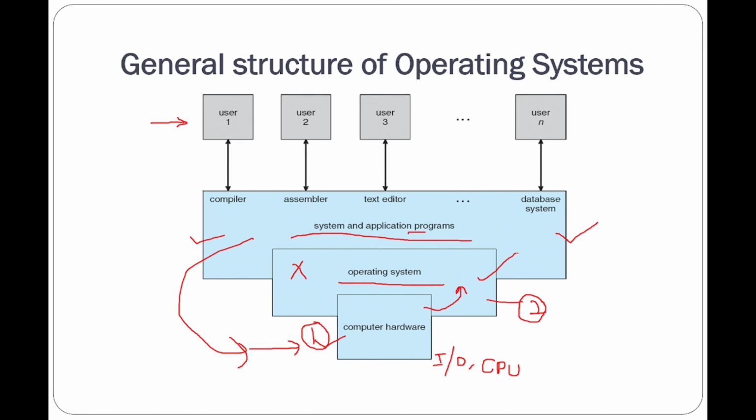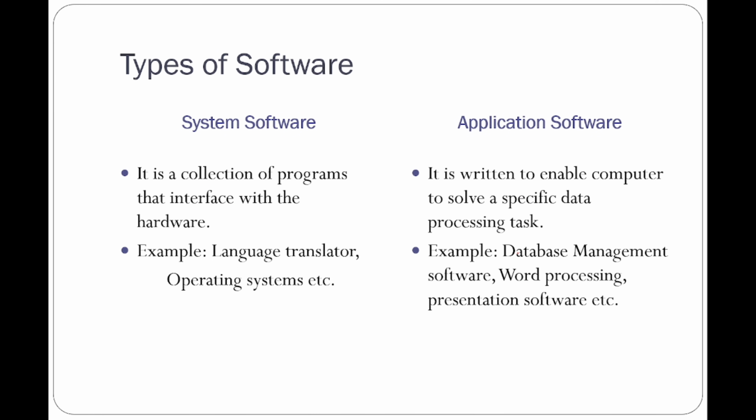Now let us understand what system and application programs are. We have two types of software: first your system software, and second your application software. System software are those programs which help us to interact with the hardware. That is why the operating system that we are studying here is a type of system software.